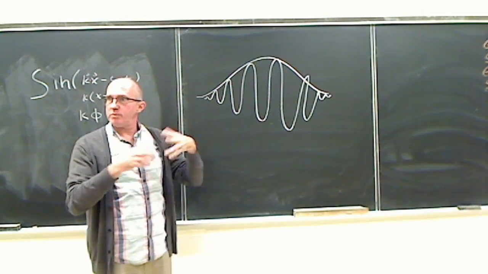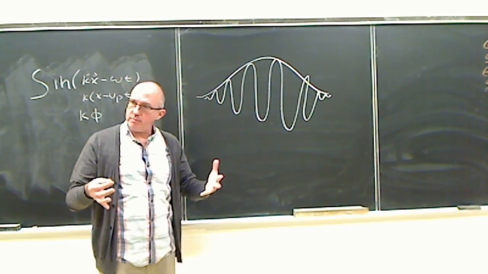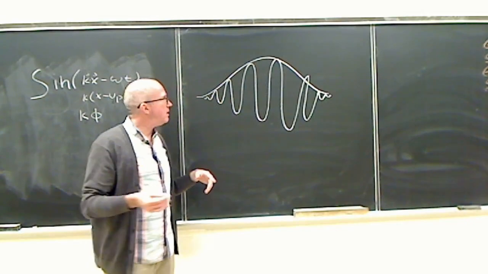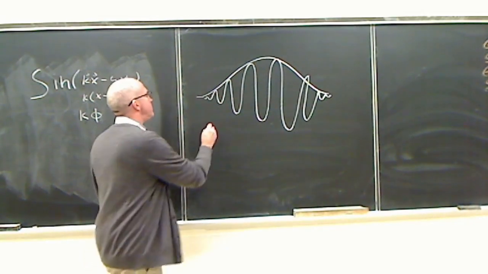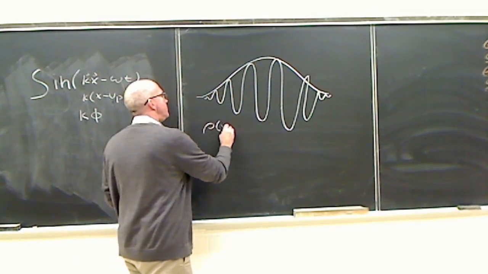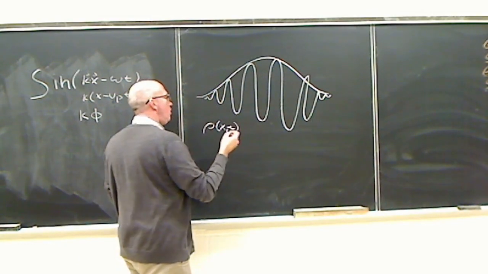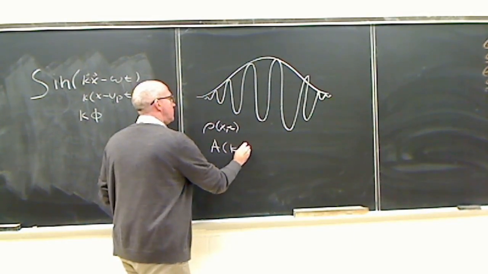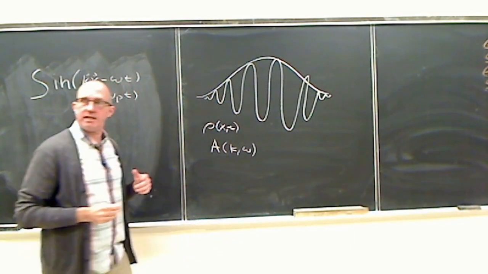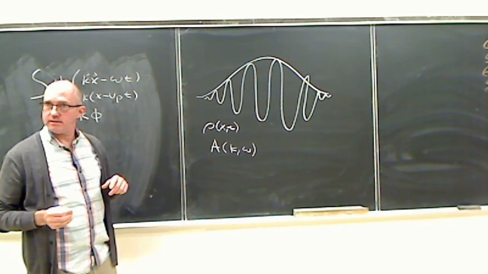This is just a superposition of waves that makes a bump. Lots of things do this. We could write this down as, say, a density of x and t, or we can write it down as an amplitude in Fourier space, an amplitude of k and omega.